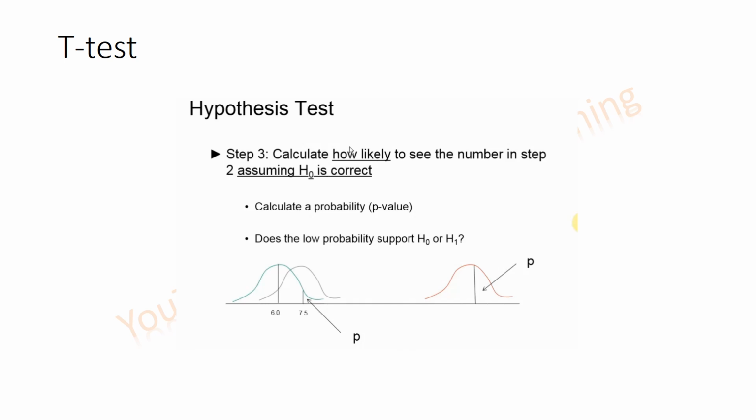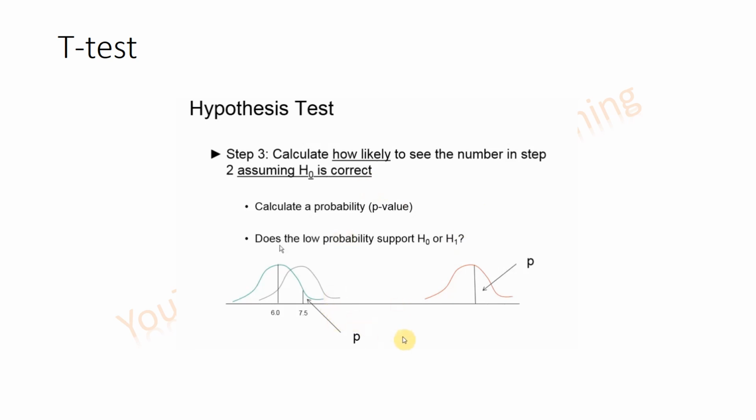How likely? What does it mean? It is a probability. That's a p-value. All right. So people always confuse, what is a p-value? It is the probability to get this sample, assuming you still follow the original H0 curve. So that's a p-value.